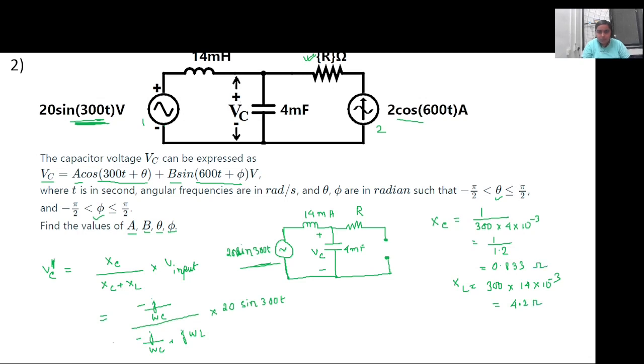Okay. So just plug in these values: minus j into 0.833 by minus j into 0.833 plus 4.2 j.